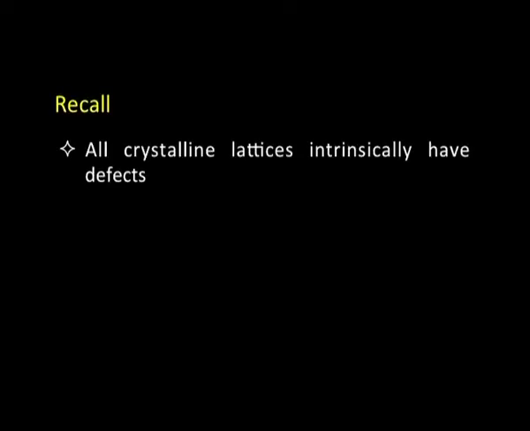Okay. Now, let us move further and come down to semiconductors, and before that we recall a few more things here. Firstly, you remember that all crystalline lattices intrinsically have defects, that is what we established in our previous sessions logically.